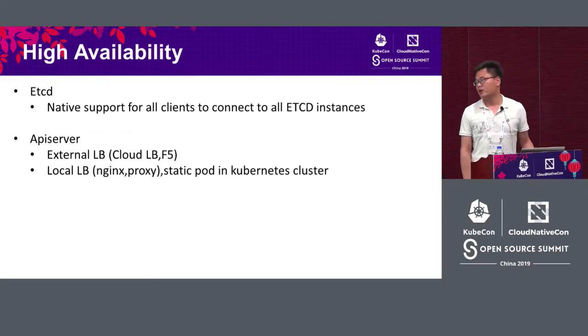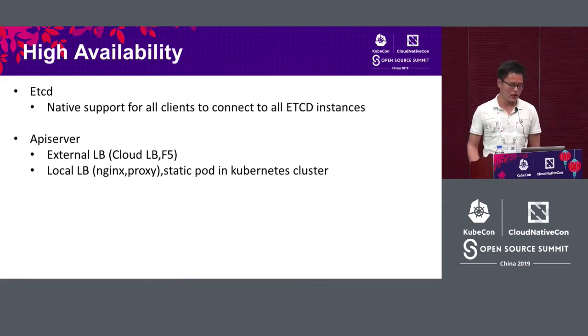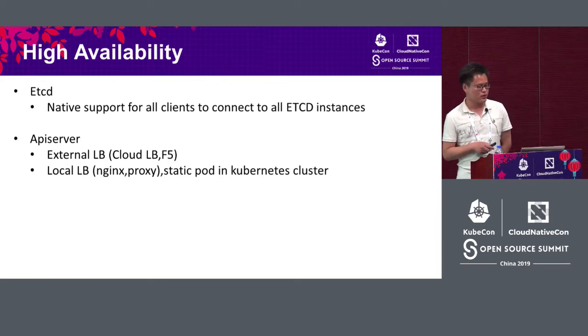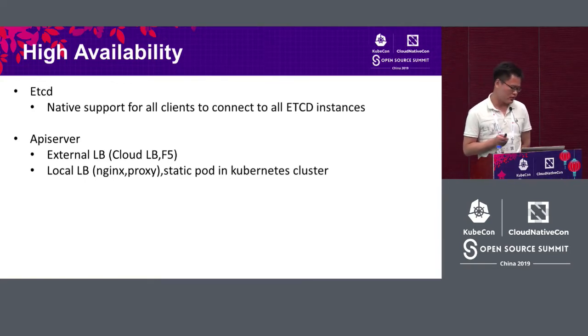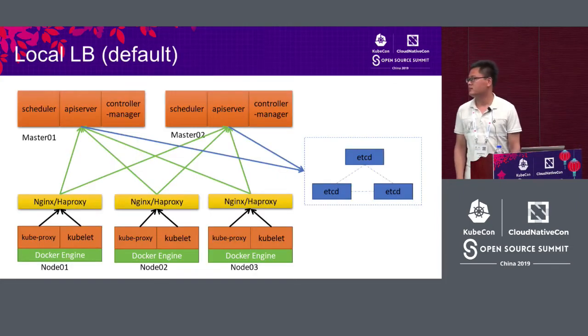It supports external LB, for example, Cloud LB or F5 LB. Of course, it supports other LBs. I will not go into details. And Kubespray also supports local LB based on NGINX or HAProxy. It can run as a static pod in the Kubernetes cluster.